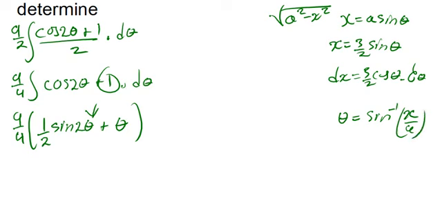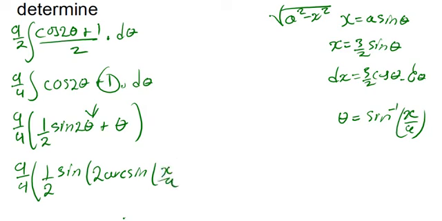So here we have 9 over 4 multiplying by 1 over 2 sine of 2 times arcsine of x over a, plus theta, which is again arcsine of x over a. And that is simply the integral that we are looking for.